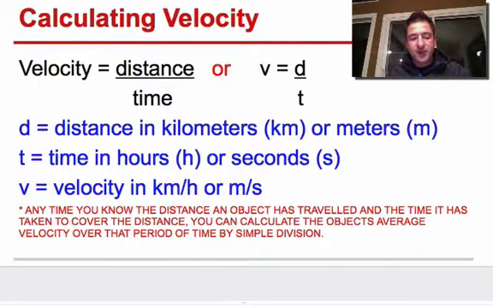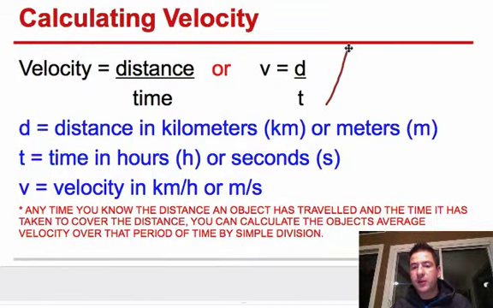If I wanted to manipulate that equation, I could do so. I'll show you how. I could just draw my triangle here. I'm solving for velocity, so velocity is equal to distance over time.